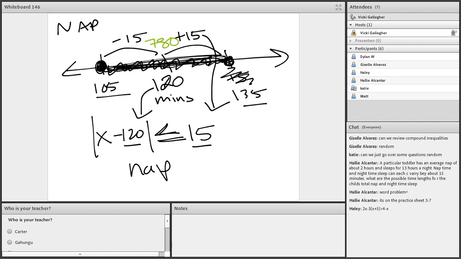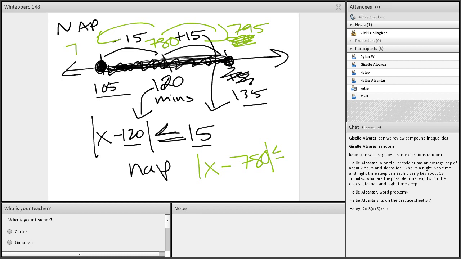So for the nighttime, we could do x minus 780, still less than or equal to, and we still have that 15-minute leeway. So 15 minutes more would be 795, and 15 minutes less would be 765, but regardless, it's 15 minutes out here. So I think that's what they want you to do.